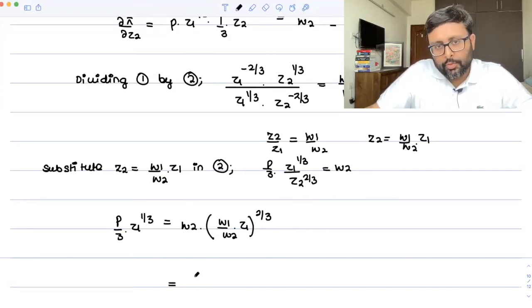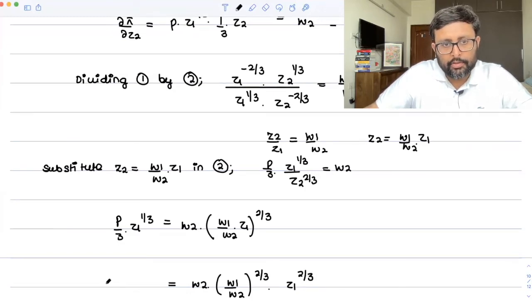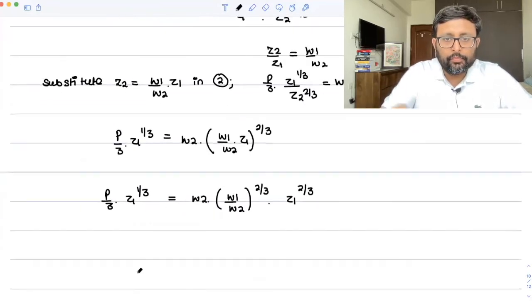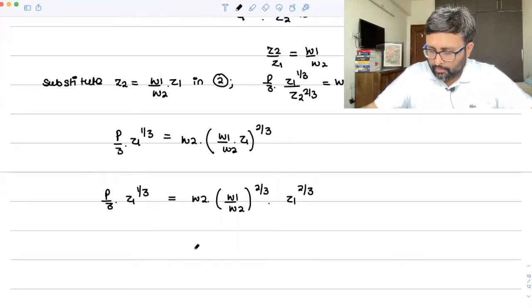Right? So what will you have? You will have W2, W1 by W2, 2 by 3, Z1 to the power 2 by 3. So I'm just doing this slowly, beta. I can take this Z1 to the power 2 by 3 down here.